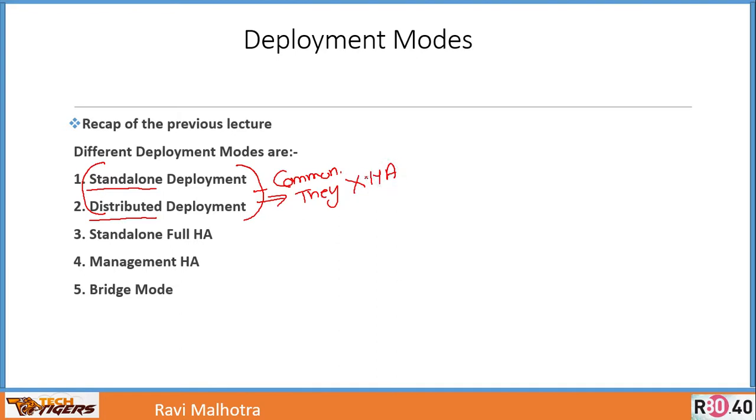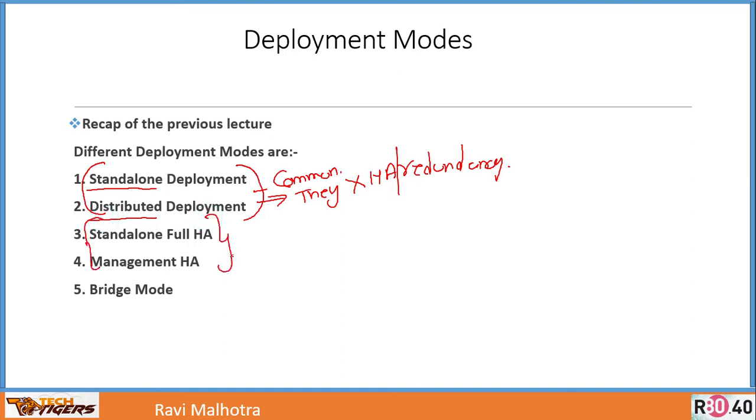That's the only demerit over here. These two deployment modes have a disadvantage that they do not provide any kind of high availability or redundancy. This is not supported over here. If you have to think about redundancy, then you need to pick either of the other two.